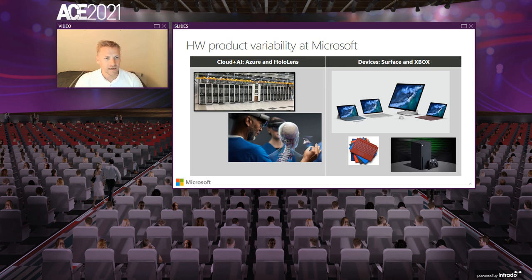On the Cloud and AI side, the Azure data centers that are running various applications, and HoloLens. And then on the Devices side, maybe more familiar products for the end users and the consumers, the Surface laptops, Surface computers, and Xbox gaming consoles, and all the various accessories associated with those products.